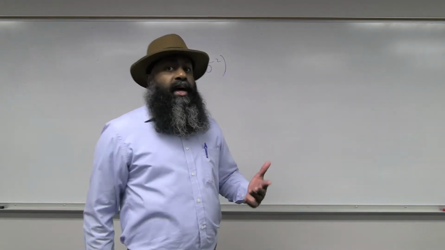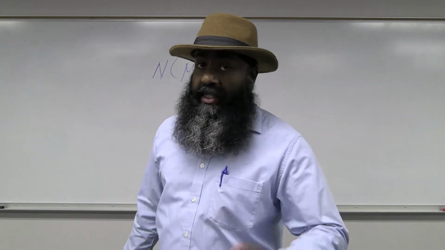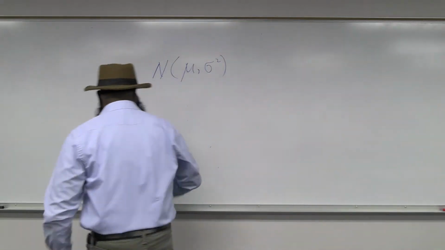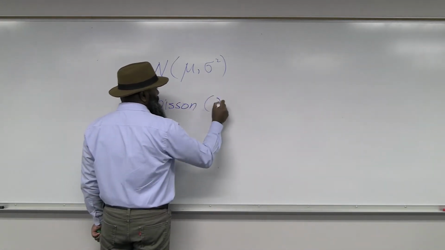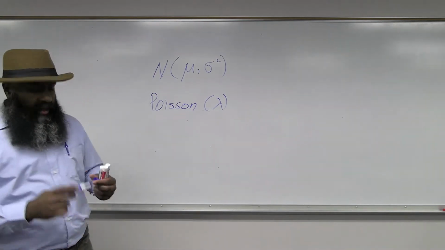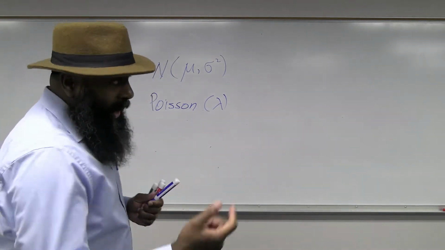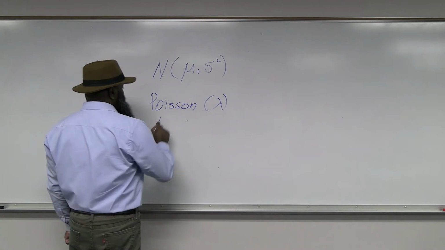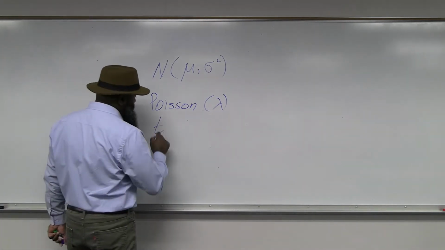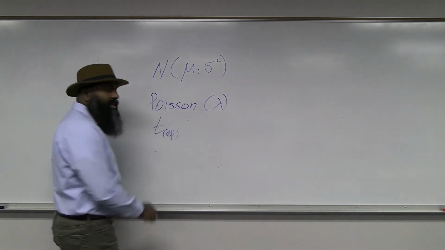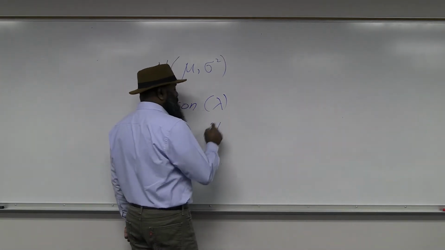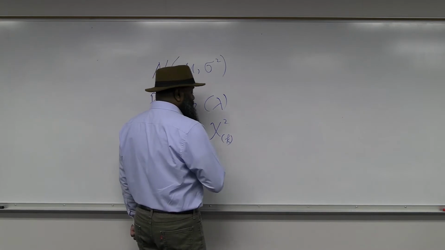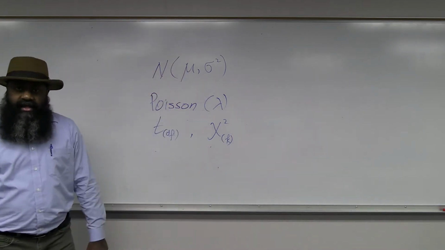And if you look at some other probability distributions, such as, let's say, Poisson distribution, in standard notations, we wrote Poisson distribution as Poisson lambda. And the t distribution is often written T with a subscript of the degrees of freedom. And the chi-squared distribution, you write chi-squared sub k, where k stands for the degrees of freedom.